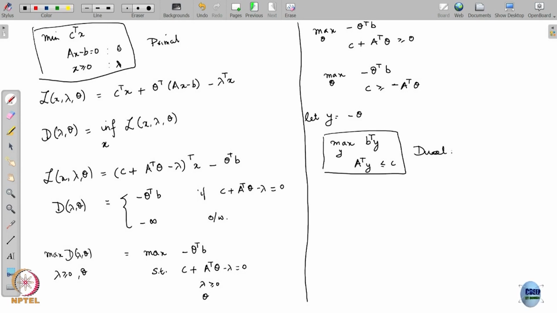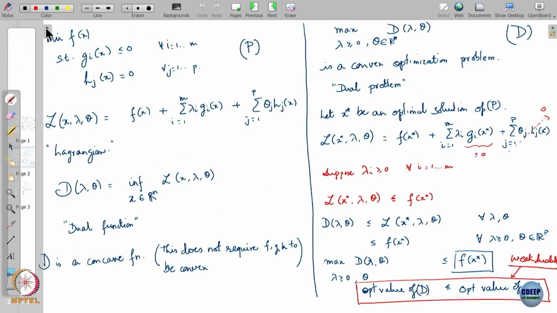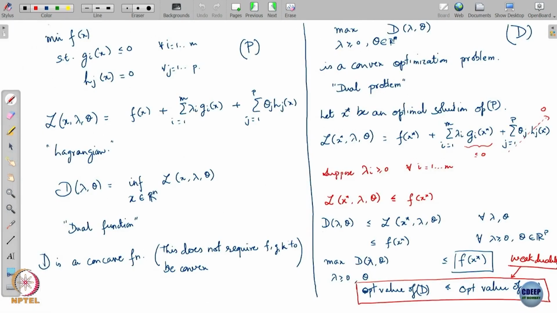So what is mentioned here is that you define the Lagrangian, you then define the dual function by taking the infimum of the Lagrangian over the whole space, and then maximize the dual function subject to constraints on the Lagrange multipliers.